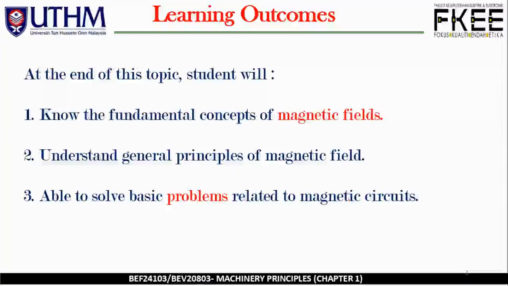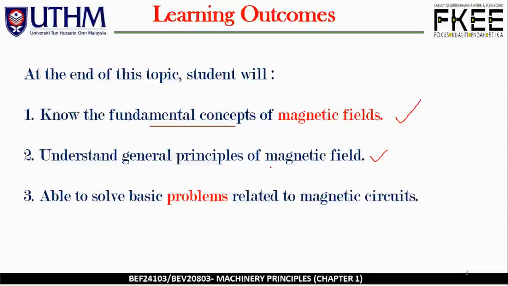And then some of the learning outcomes. At the end of this topic, students will be able to know the fundamental concepts of magnetic fields. Basically, this is the fundamental concept of a machine. Point number 2, understand the general principle of magnetic field.